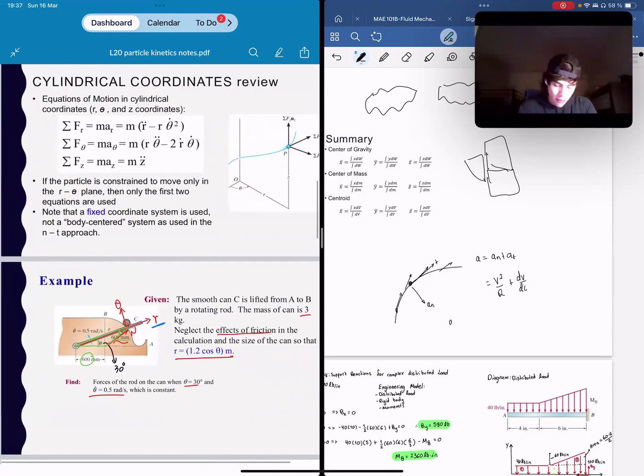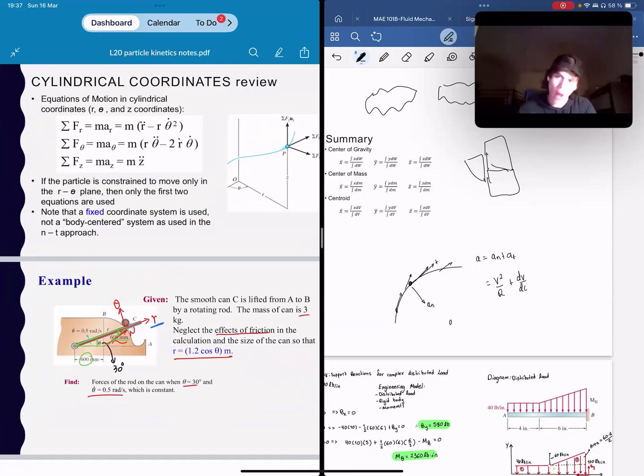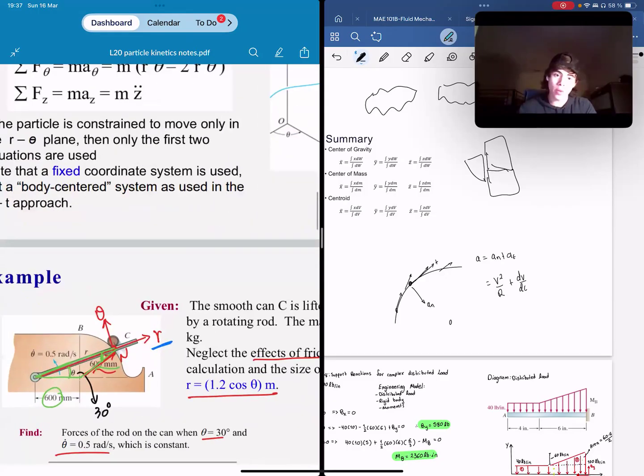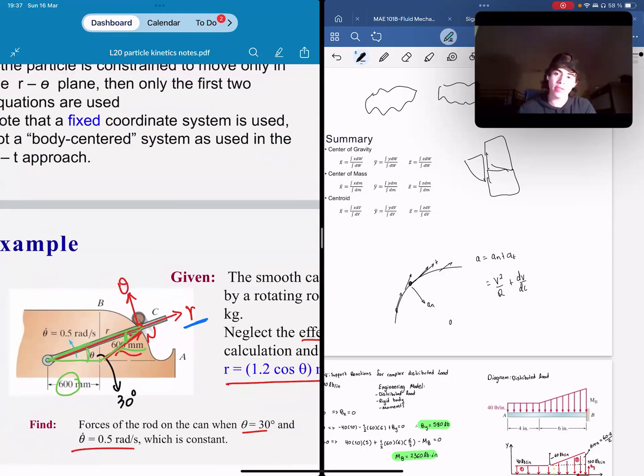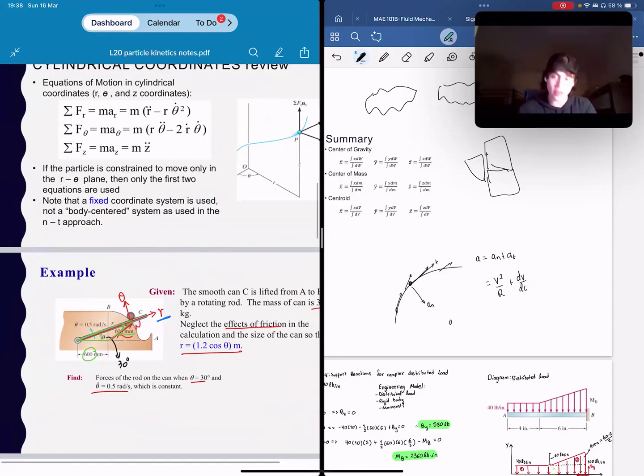So for this type of case, I will identify when to use this equation by knowing that there's a fixed point of reference for where the radius starts. It might change as a function of the angle, but the point of origin is going to be there, and we have the equations that describe that.